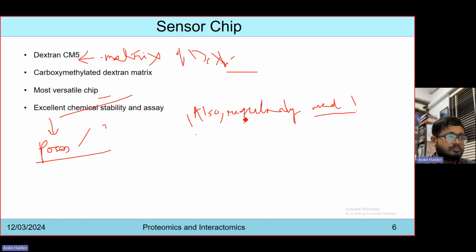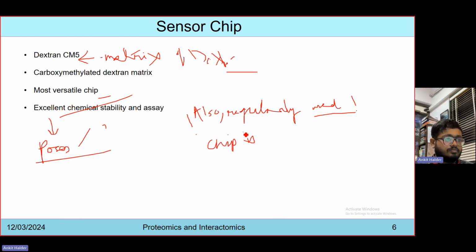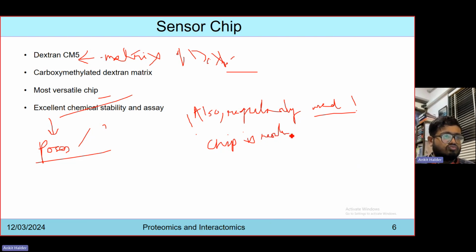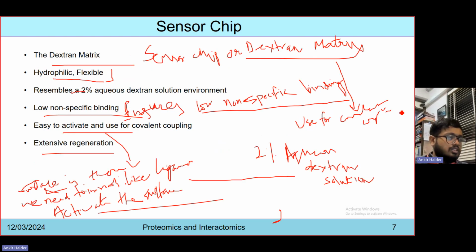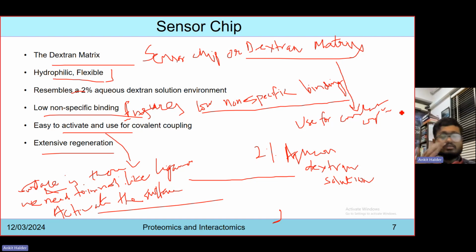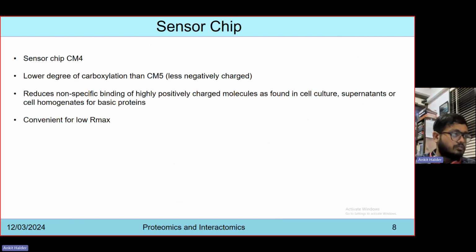It has low non-specific binding and is easy to activate for ligand immobilization.